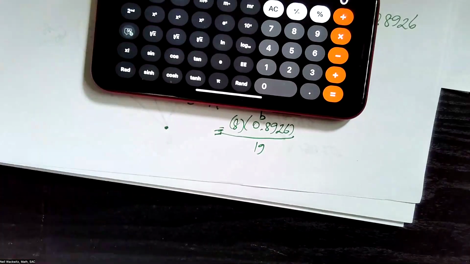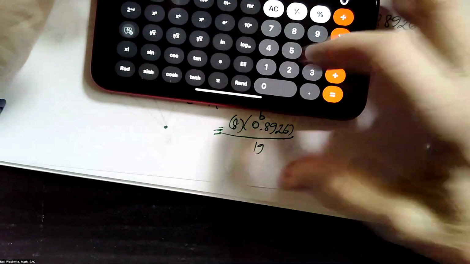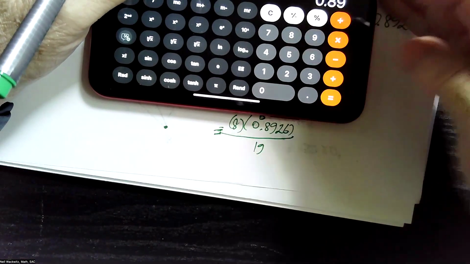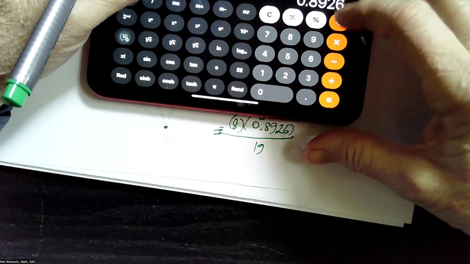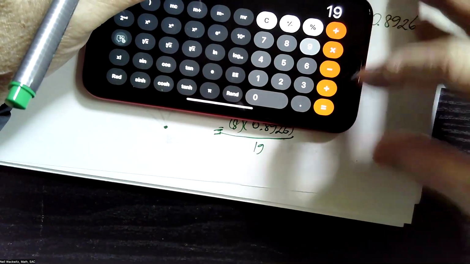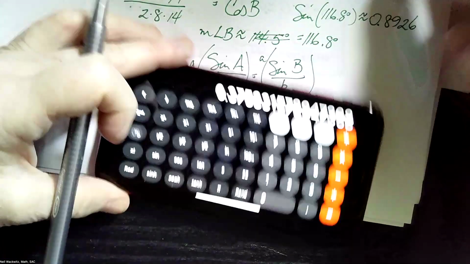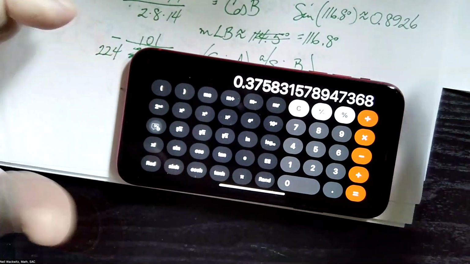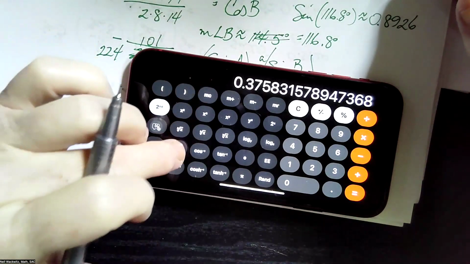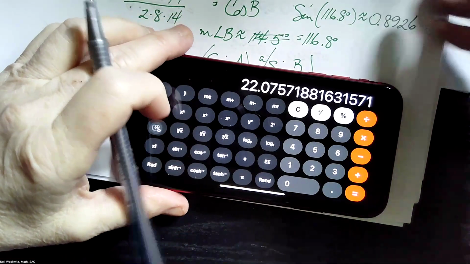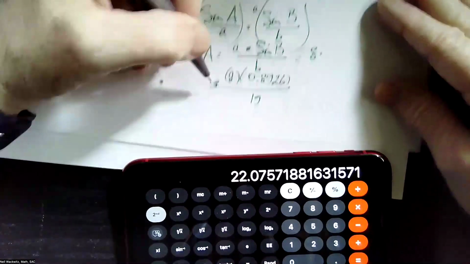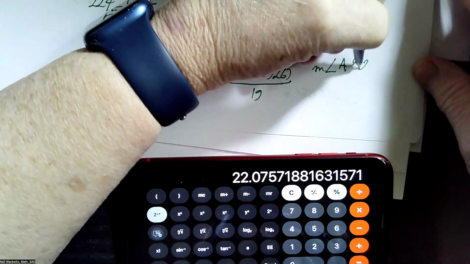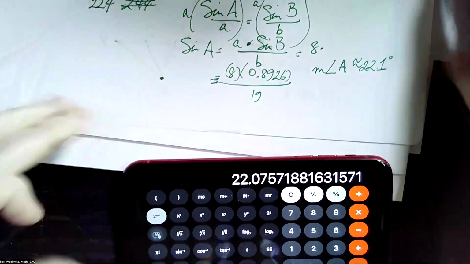So I've got 8 times 0.8926 divided by 19 equals. I get that the sine of A is 0.3758, blah, blah, blah, inverse: 22.1 degrees. So angle A is approximately 22.1 degrees.